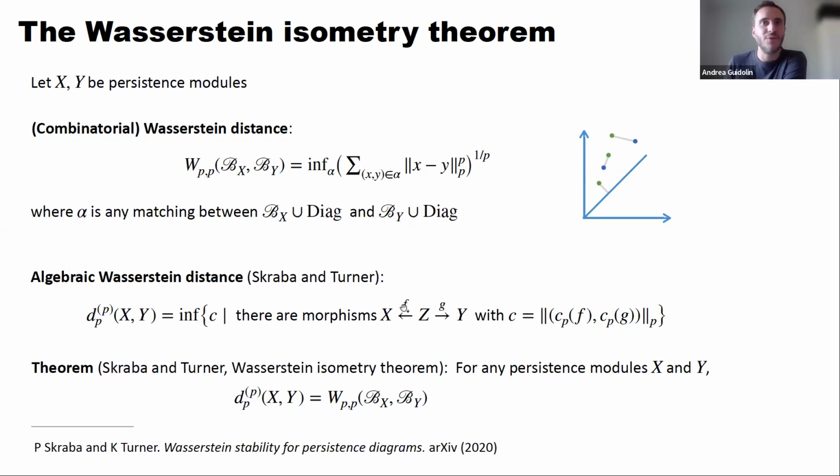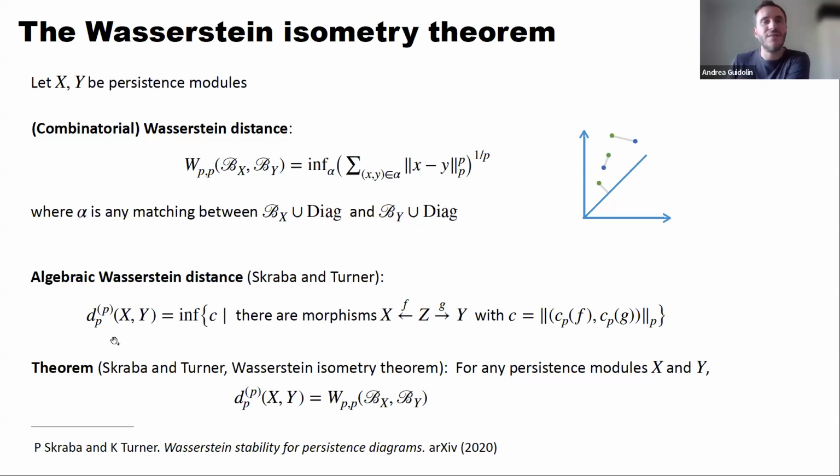One morphism goes to X, one morphism goes to Y, and the cost C of such a pair of morphisms is defined to be the p-cost of F and the p-cost of G, again combined not by taking the sum, but by taking the p-norm.